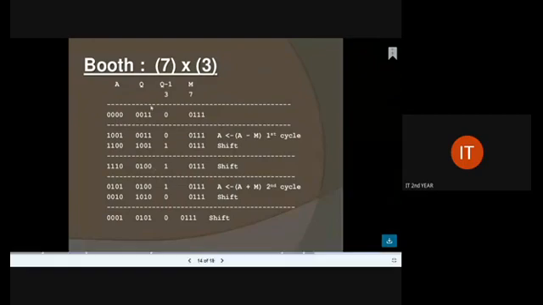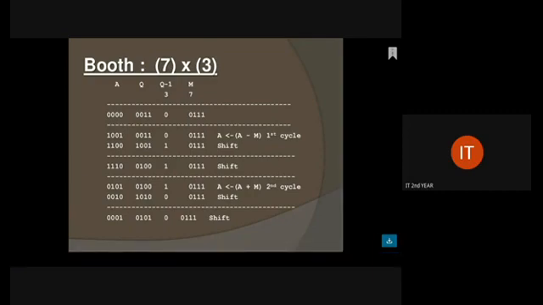We generally assign q as the multiplier. So here we are having 7 and 3. Just listen carefully: 7 is the multiplicand and 3 is the multiplier.